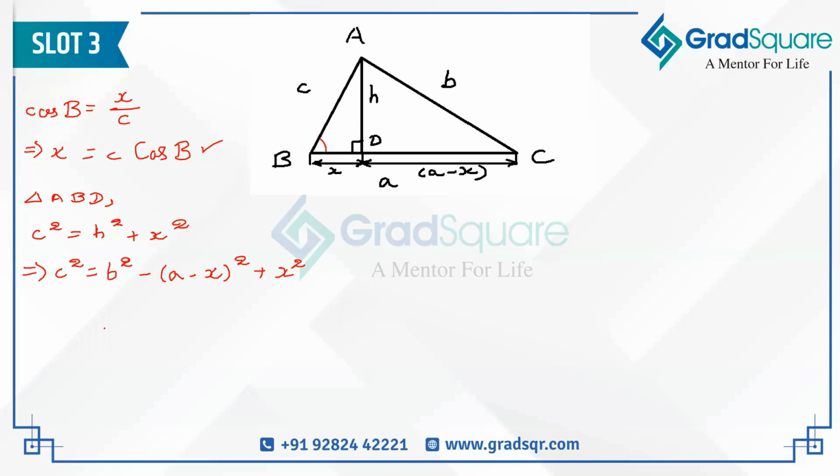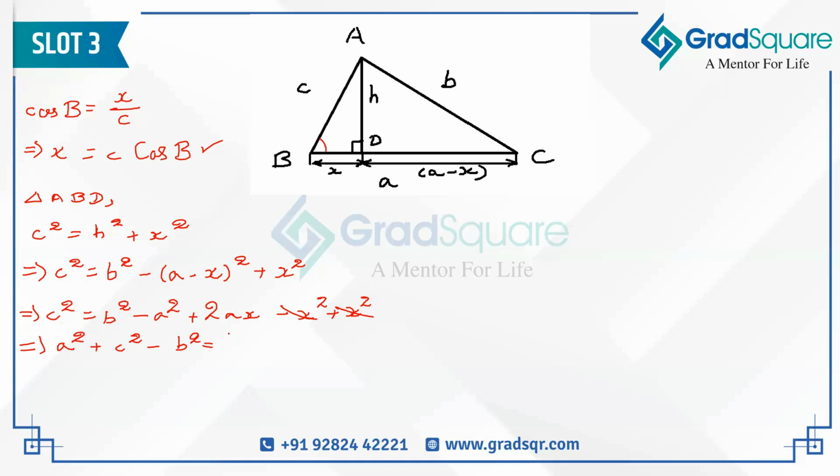Now, if we simplify this, then we'll get c square is equal to b square minus a square plus 2ax minus x square plus x square. So the x square terms will get cancelled. If I take all square terms to the left-hand side, I'll get a square plus c square minus b square is equal to 2ax.